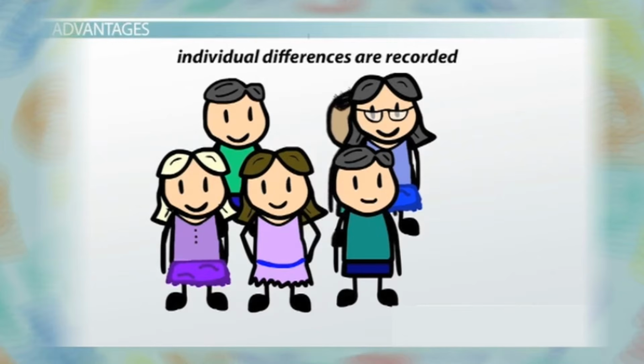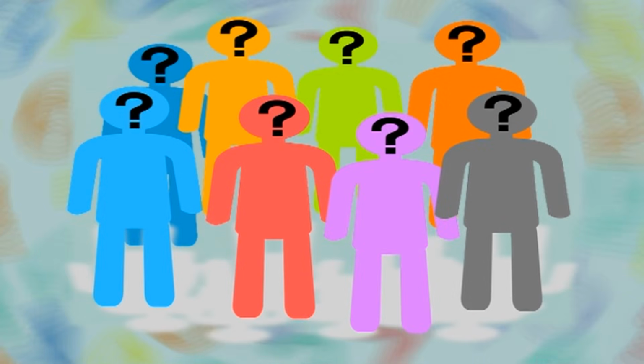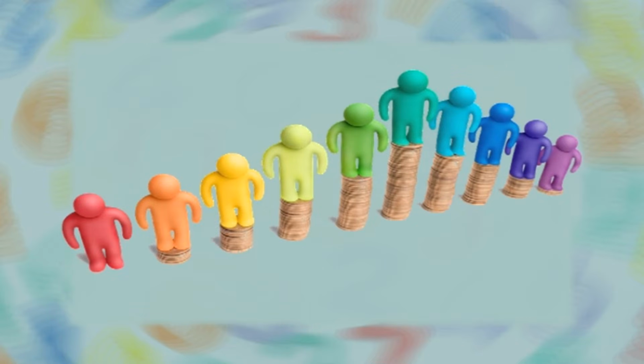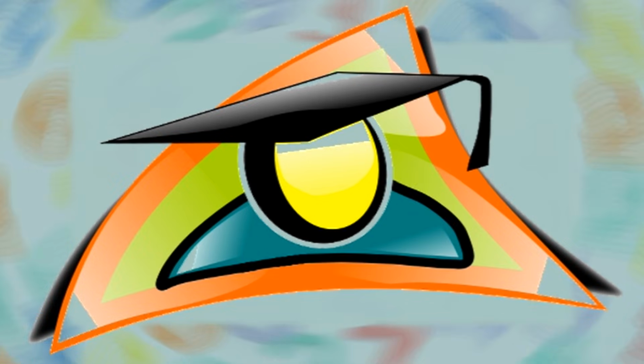Cross-sectional studies utilize different groups of people who differ in the variable of interest, but share other characteristics such as socio-economic status, educational background and ethnicity.